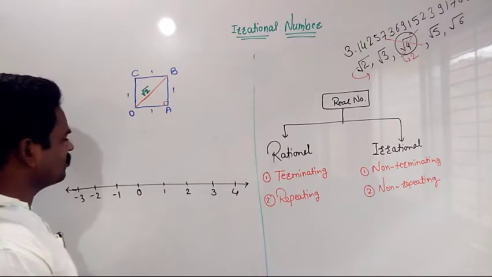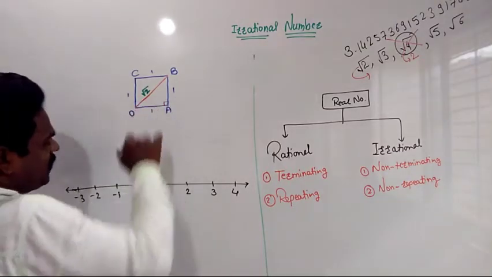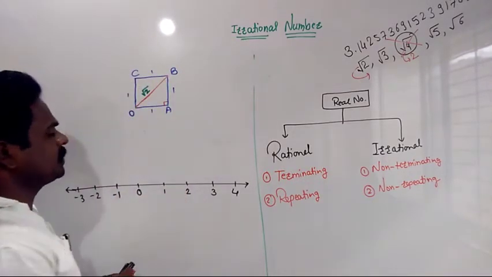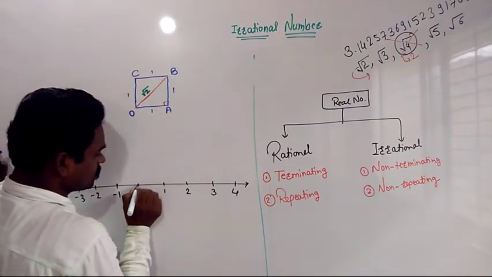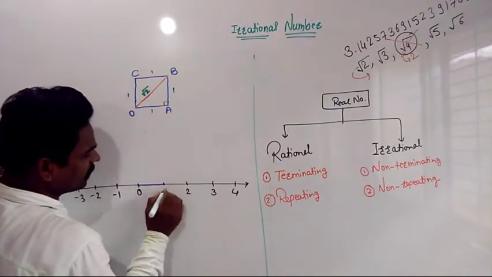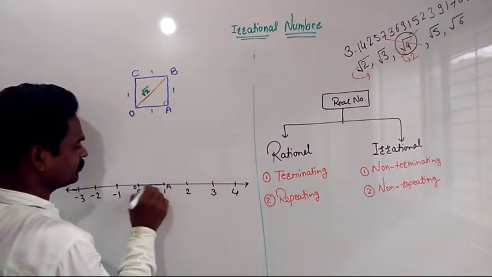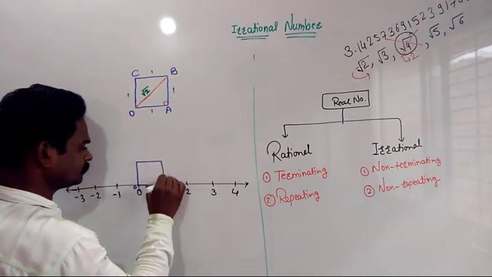Okay, no problem. Now see here, we will take our square and put it at point 0 to 1, because its side is 1 unit. So this is O, this is OA.